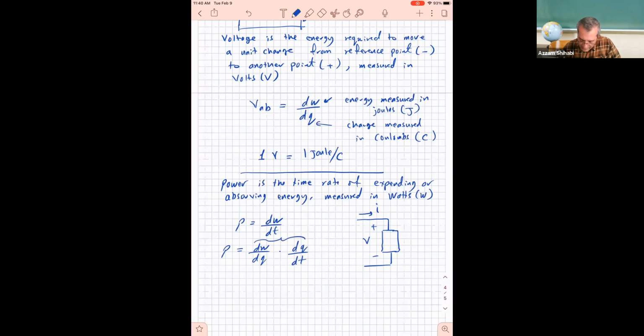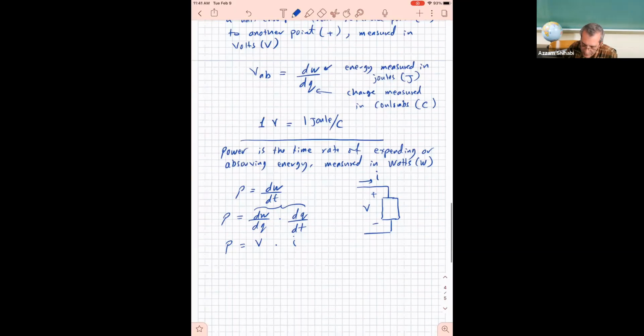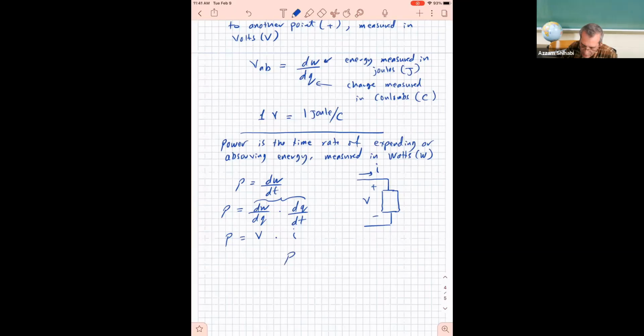But the first rate, the rate of energy with respect to charge, is the voltage across the element, right? And the time rate of charge, that's the current going through the element. So I come up with this very important relation. P is V times I.